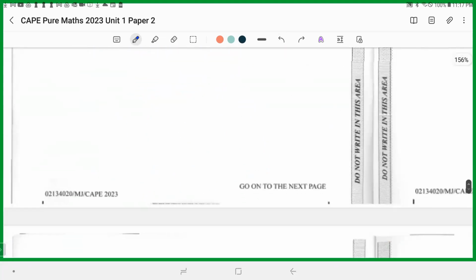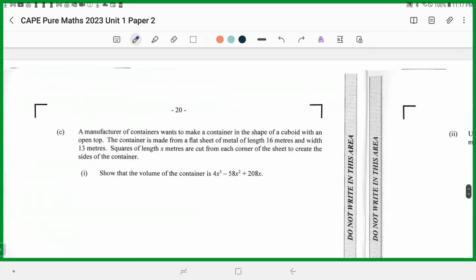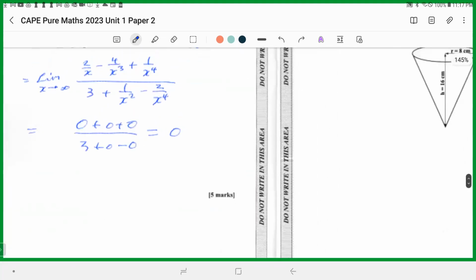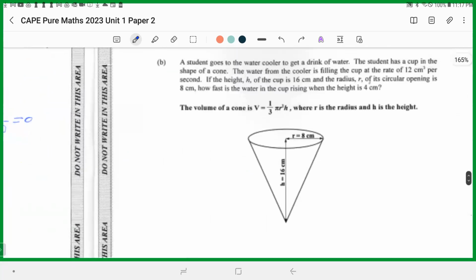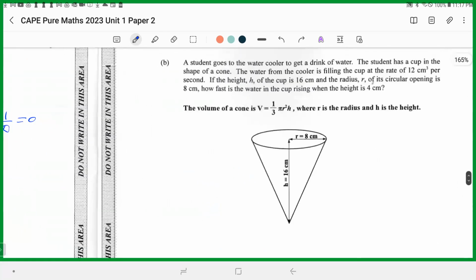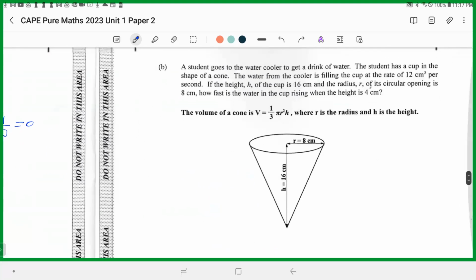Alright, let's go. Next question, on the next side. This question says a student goes to a water cooler to get a drink of water. The student has a cup in the shape of a cone.